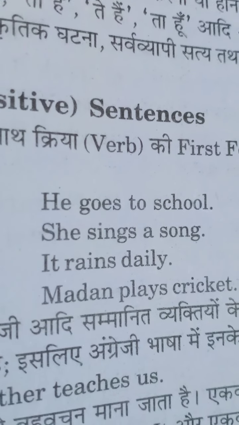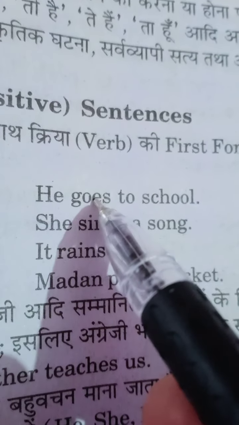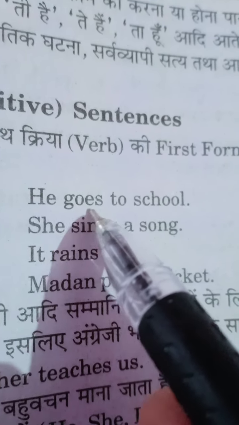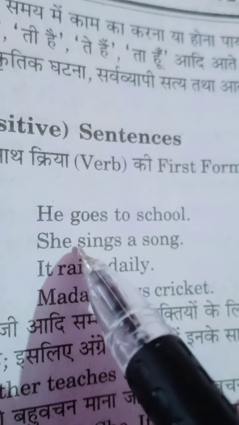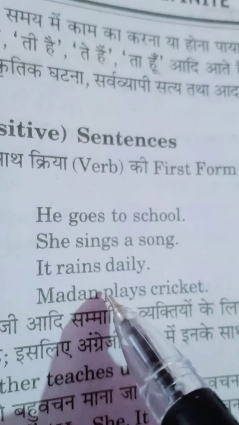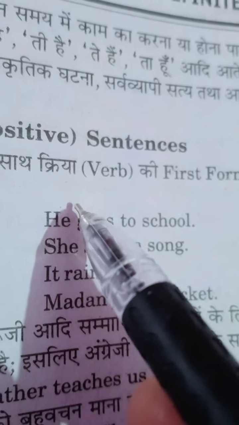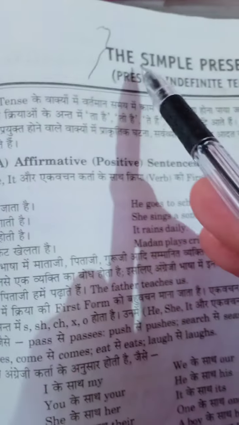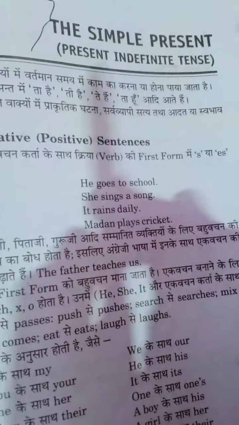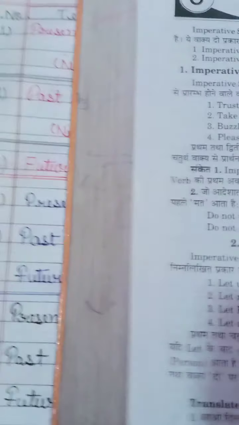Subject he plus first form of main verb go plus s or es plus object. In all the tenses you can see there is no helping verb, because this is the affirmative of simple present or present indefinite tense.